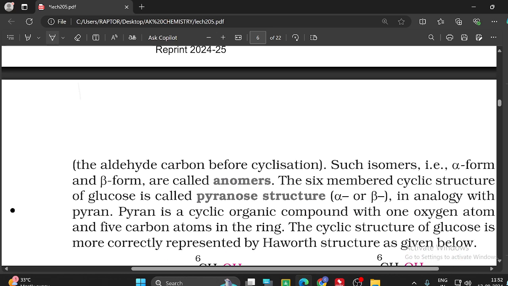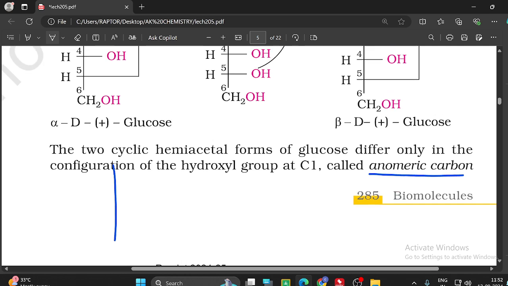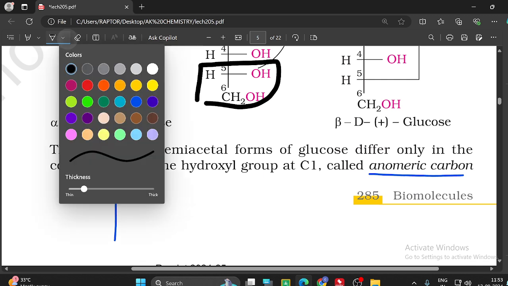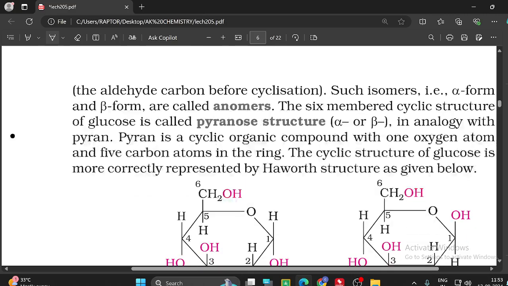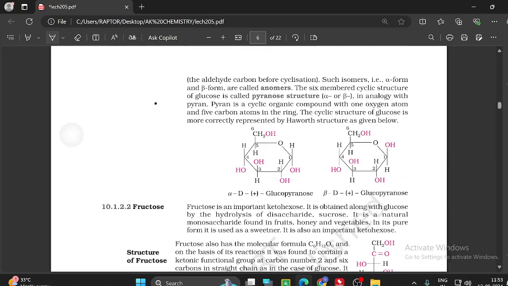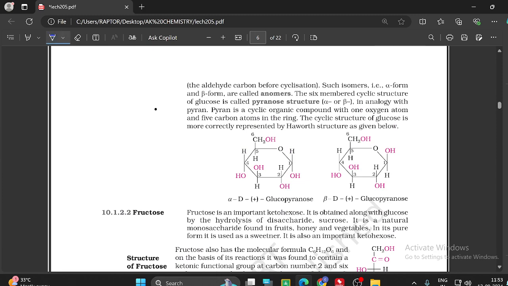See, if you look at the structure of glucose, at the bottom we have CH2OH.